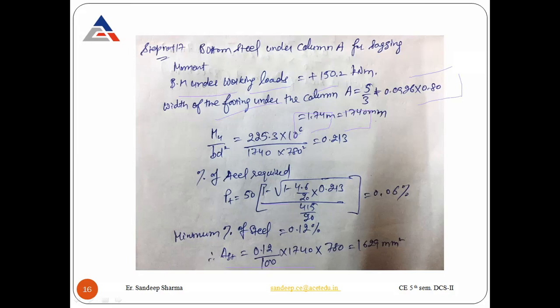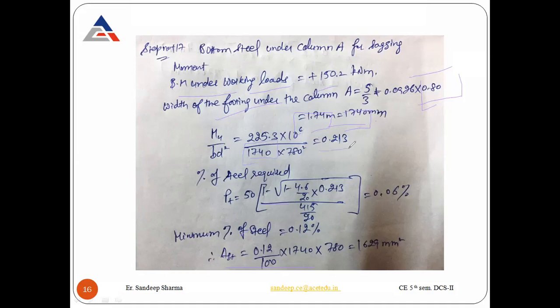Because the width is varying along the length of the footing, when we are calculating the load under the column A, this length will be considered from the left edge of the footing. So 0.80. After putting this value, we are getting this width 1740 mm. So here the width will be different when we are calculating the moment under the column A.